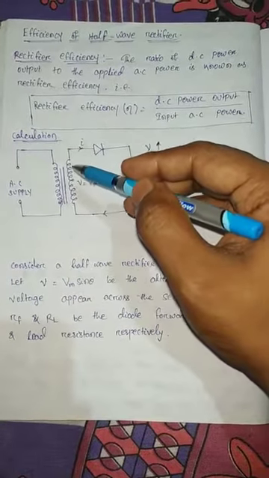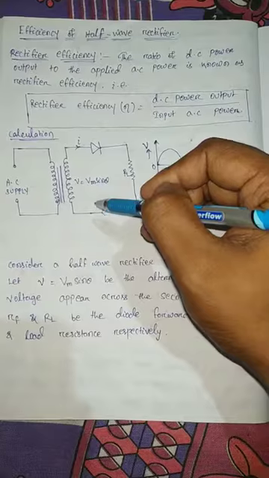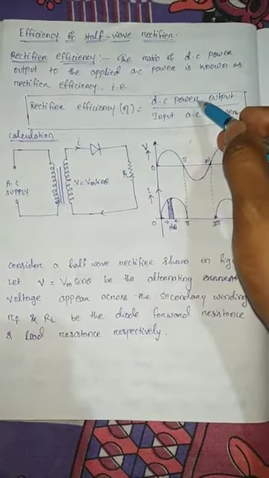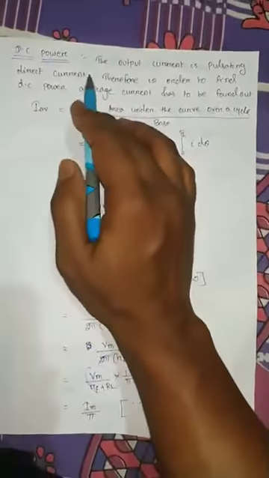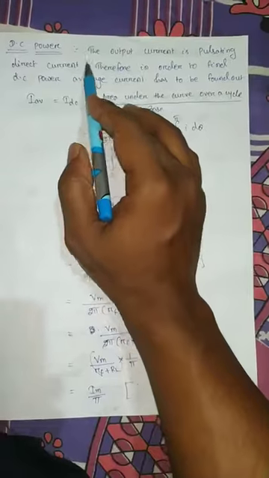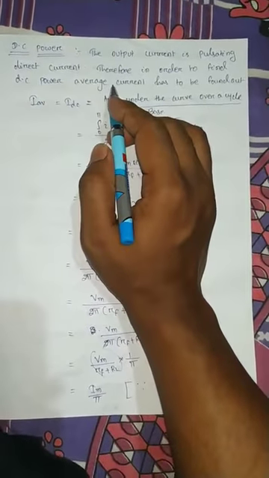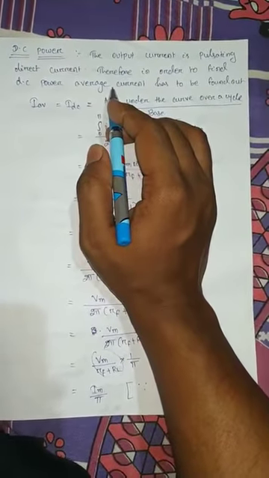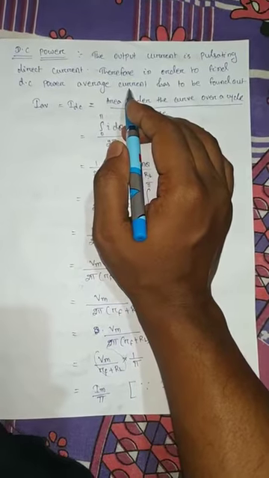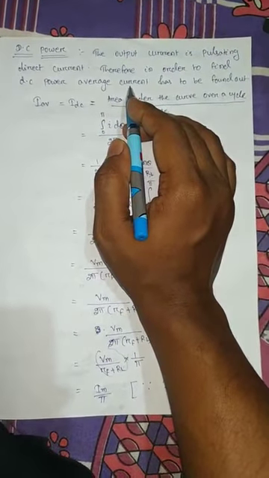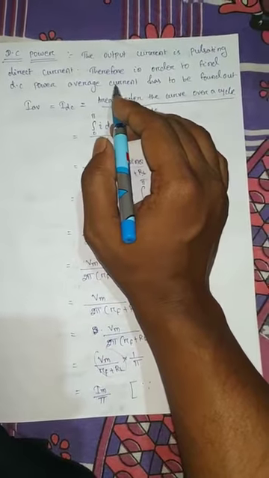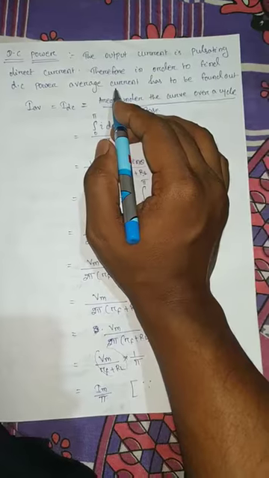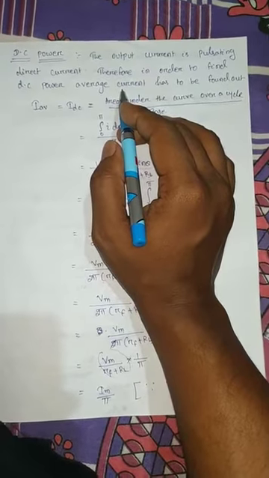So for calculating the rectifier efficiency, we have to first calculate the DC power output. As you know, the output current of the half wave rectifier is pulsating in nature, that is, some amount of AC is mixed with DC, so we will not get pure DC.